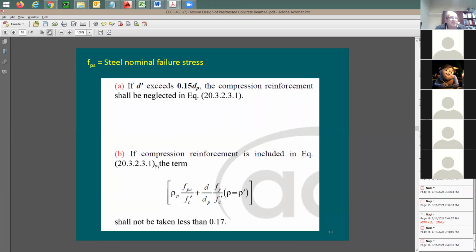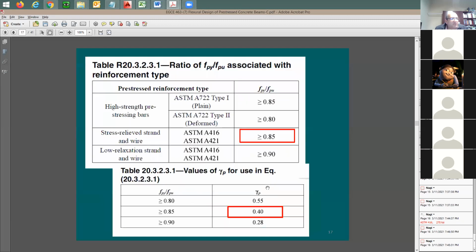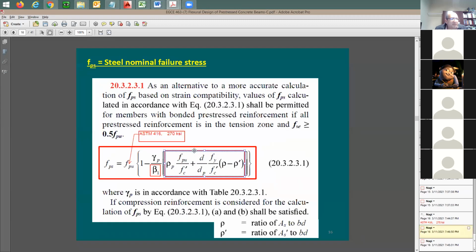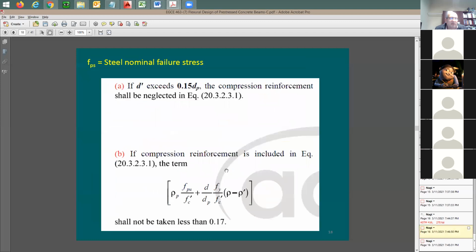Second condition: if compression reinforcement is included in this equation, which means you have this rho prime, you should not take this term to be less than 0.17. You see, this term is this term here. If you have any compression steel, don't go below 0.17, as it says here.